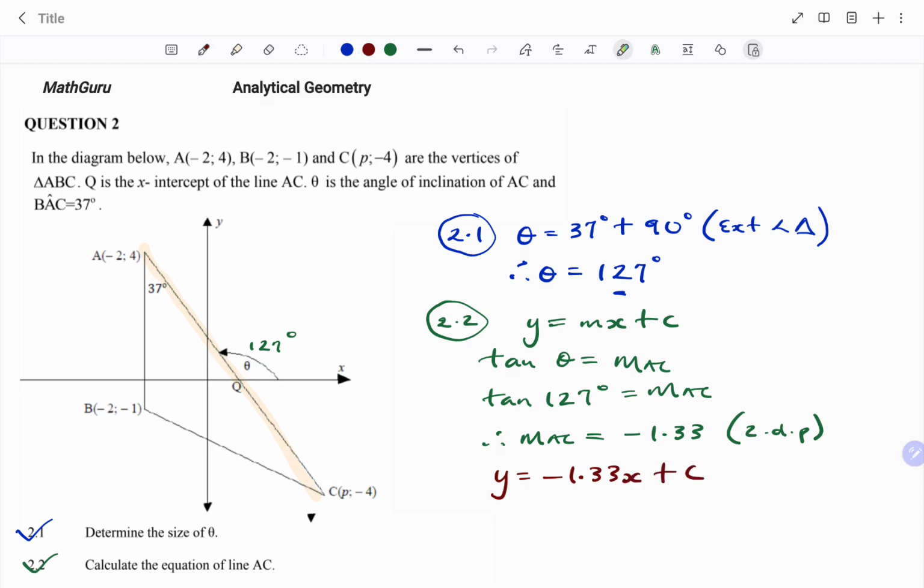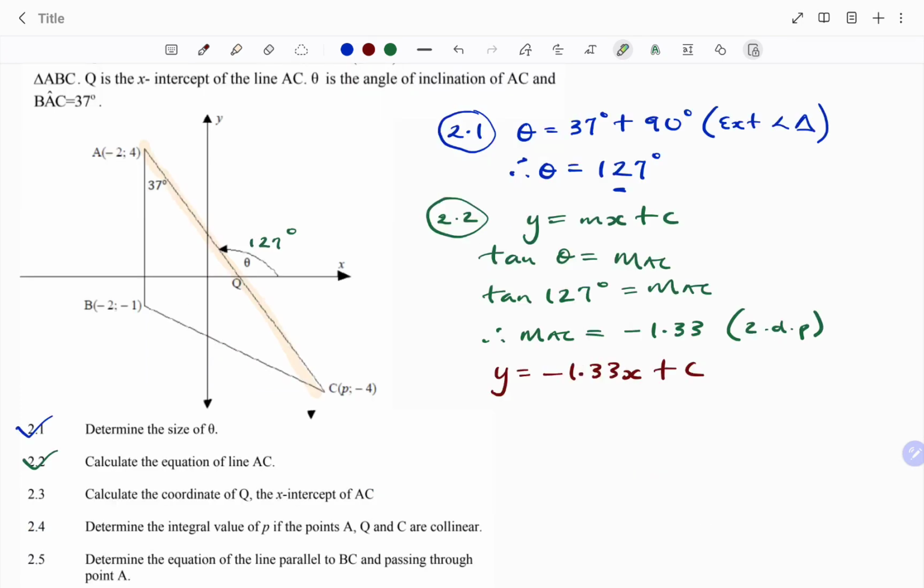The next step is to find the y-intercept, which is the value of c. Note that to find c, we just need to pick a point on that line. In this case, I'm going to use the point A, such that I'm going to substitute the point A into the equation in order to get the value of c. So that's -2 and 4. So this would be my x value, and this would be my y.